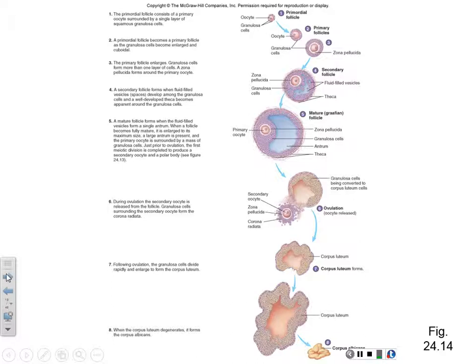And then the layers start to increase, all right? Those layers increase and increase until you start to get fluid-filled vesicles, okay? In your secondary follicle, and then you form the mature or Graafian follicle. When all those fluid-filled vesicles become an antrum, which is a single antrum, right?